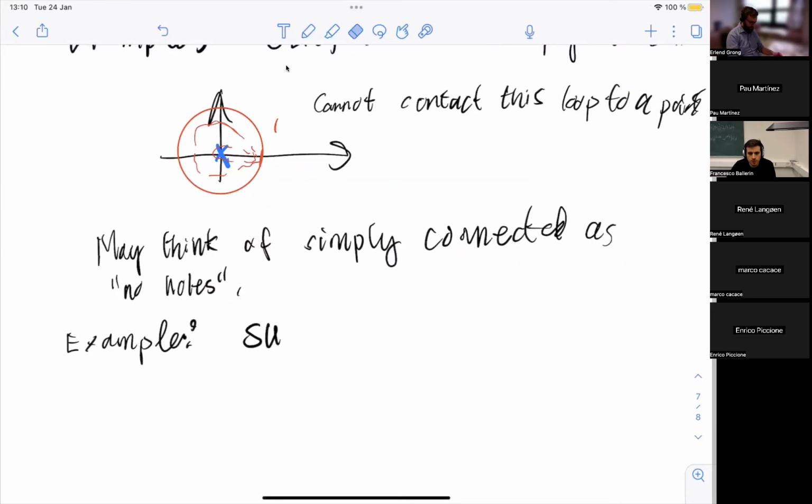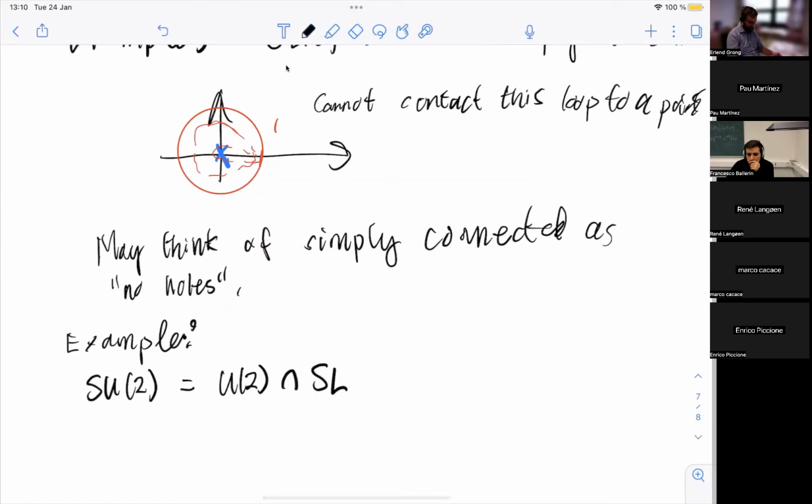So let's consider SU2. Now SU2 is U2 intersected with SL2C. In other words, it's the unitary matrices, but it has determinant 1.